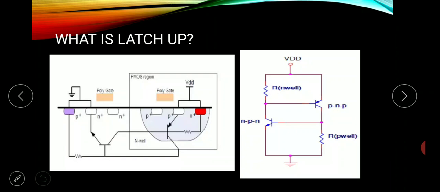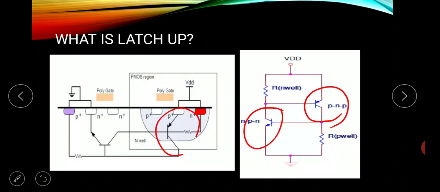The parasitic structures create a PNPN thyristor, meaning an SCR built up by NPN and PNP transistors. Let's see the diagram.